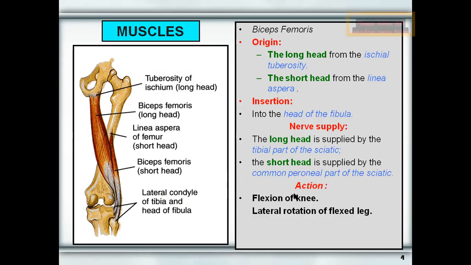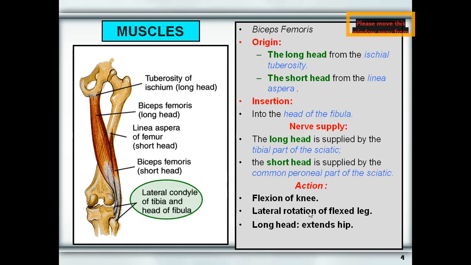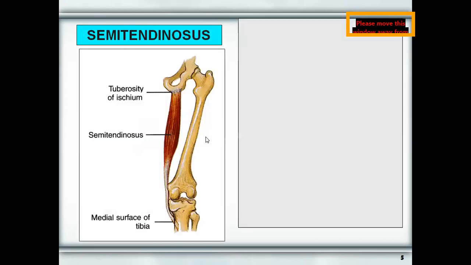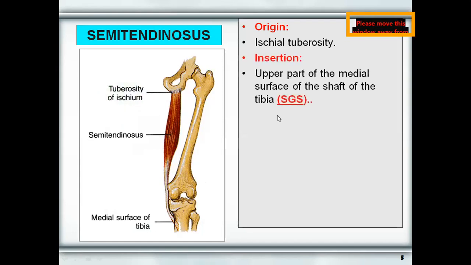The action of biceps femoris is flexion of the knee joint and lateral rotation of the flexed leg, and the long head helps in extension of the hip. Once you are done with biceps, let us see the semitendinosus. All hamstring muscles come from the ischial tuberosity. The insertion is the upper part of the medial surface of the shaft of the tibia.